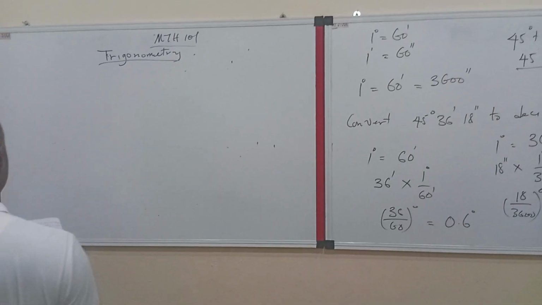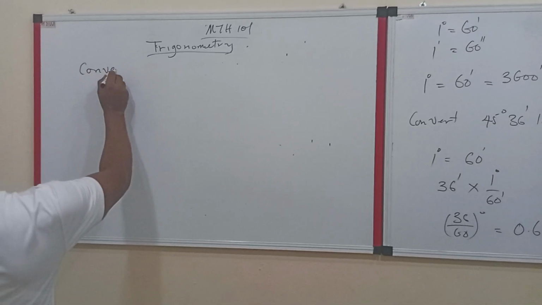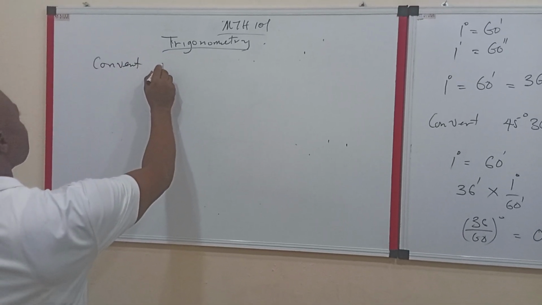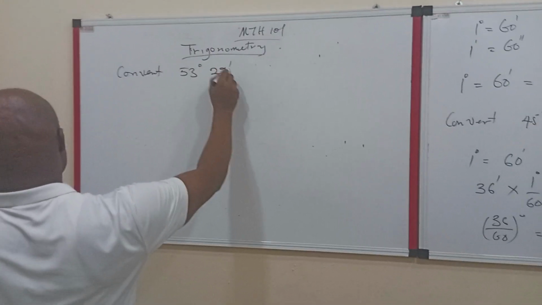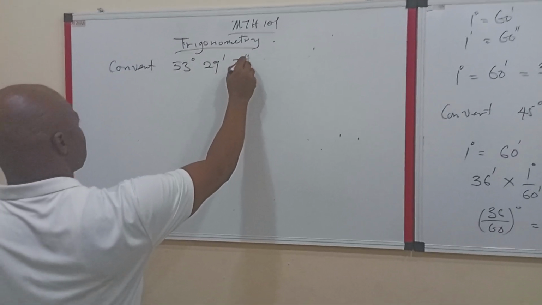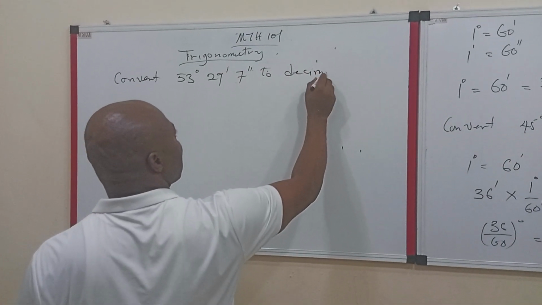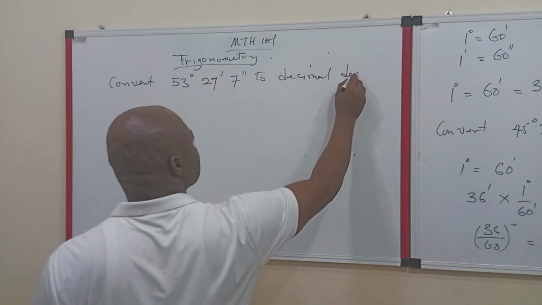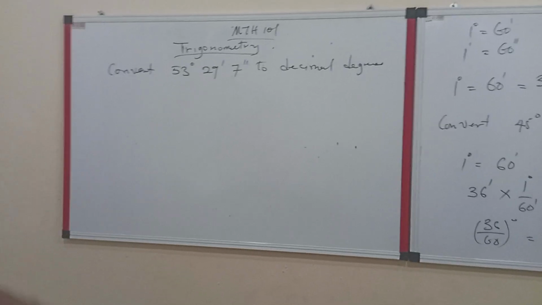So if we say convert 53 degrees, 29 minutes, 7 seconds to decimal degrees, this you can also do.